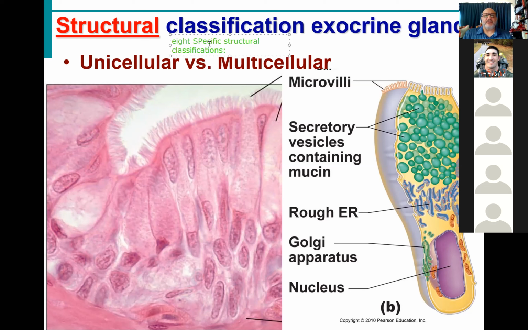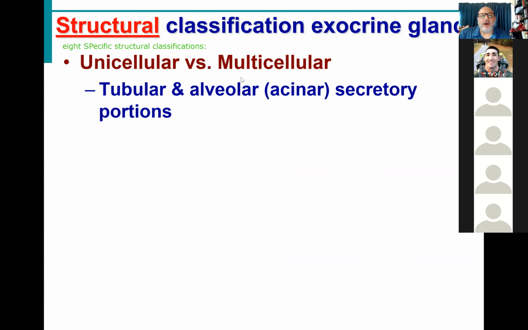And the first is a unicellular gland. So one possible type of structural classification would just be like this goblet cell, a single-celled gland. All right. However, the rest of our glands are going to be multicellular.